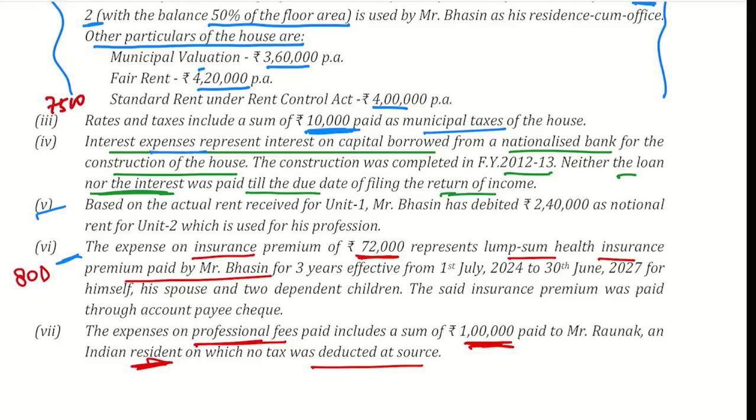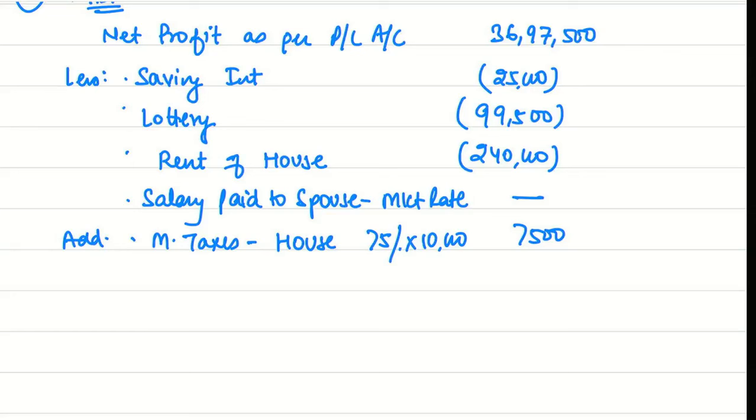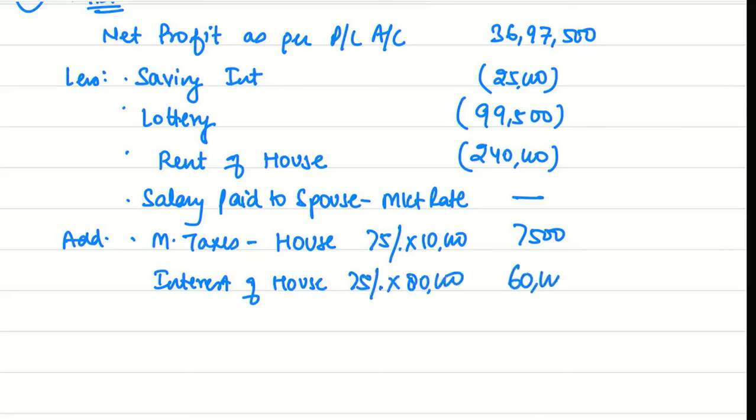Interest expenses. Now, 80,000 was the interest expenses. 75% is again for house. So first, I will disallow 60,000. Add interest of house, 75% of 80,000, 60,000 I'll add back.